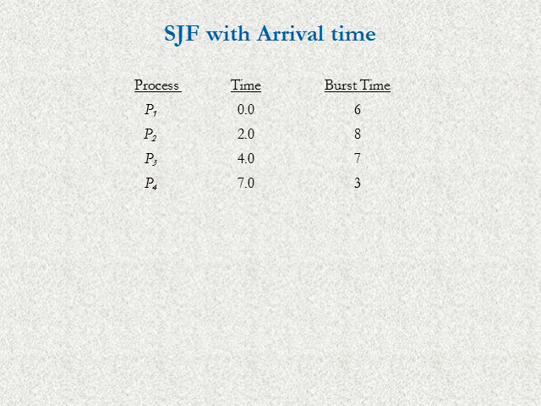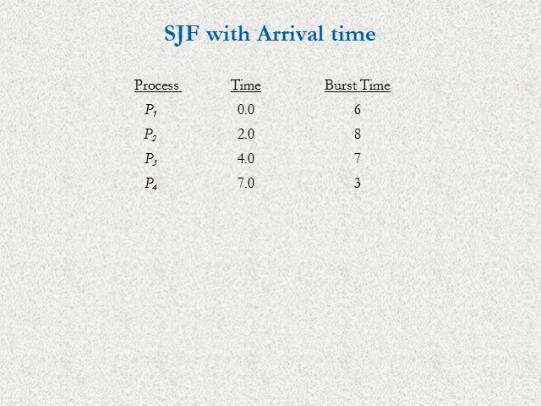At time interval 6, we have two more processes waiting in the ready queue, that is P2 and P3. As there are two processes, we will look at their burst times. As P3 has a smaller burst time requirement compared to P2, P3 will be picked up by the scheduler and passed on to the processor.